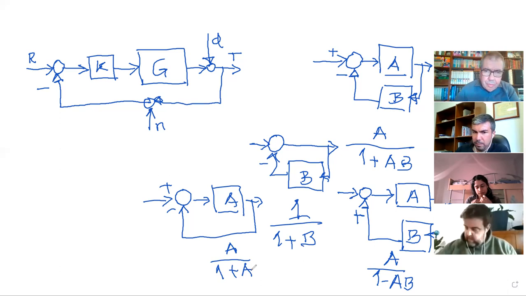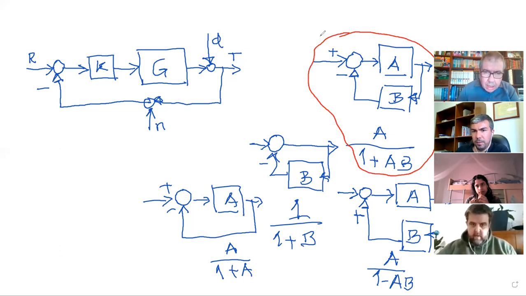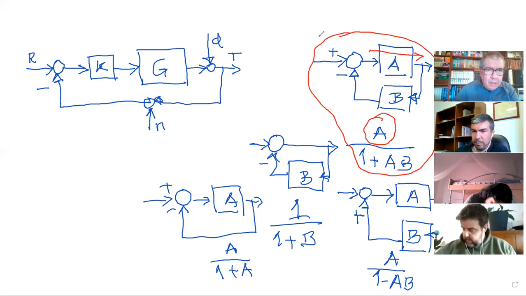Now, the big trick is to memorize this stuff here. Okay. And this is what? This is the direct gain. I call it the direct gain between the error and the output, divided by 1 plus the loop gain.